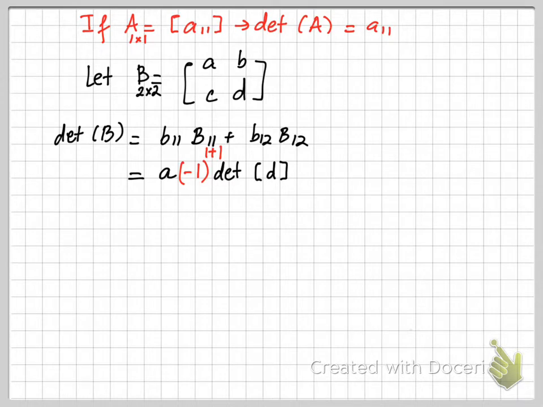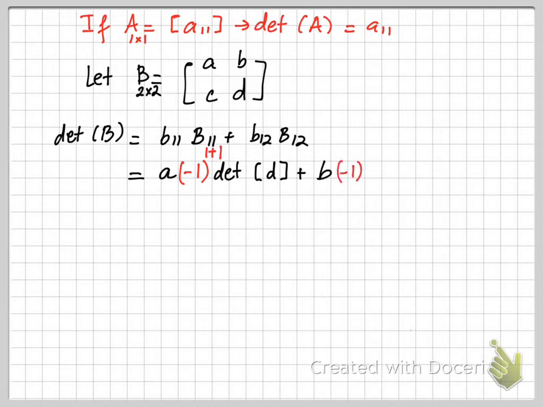First, little b11 in this example is a, and then big B11, using the definition of cofactors, equals negative 1 raised to 1 plus 1 times the determinant of the minor B11. The minor matrix of B11 is the matrix after you delete the first row and the first column of B, which is just the 1 by 1 matrix d.